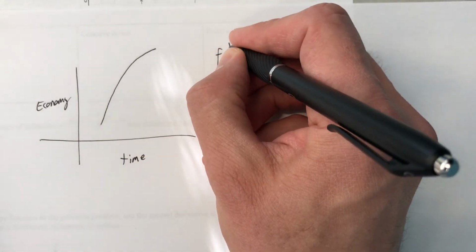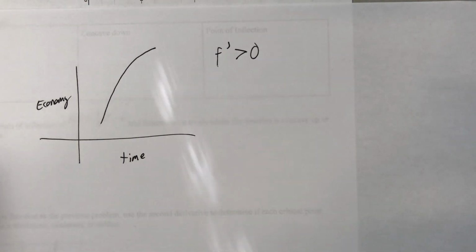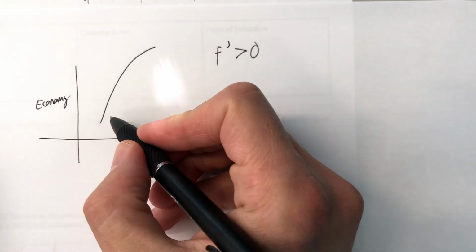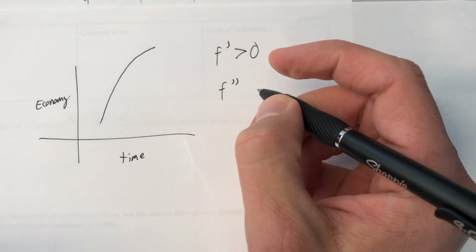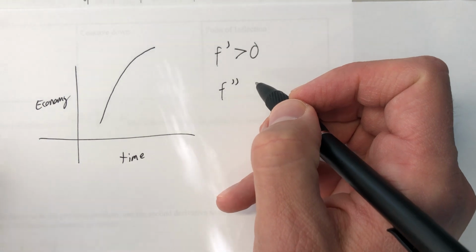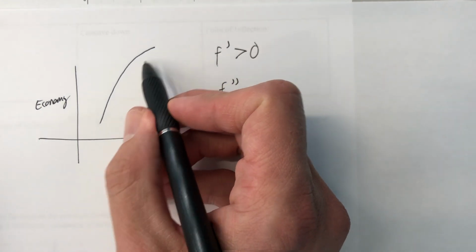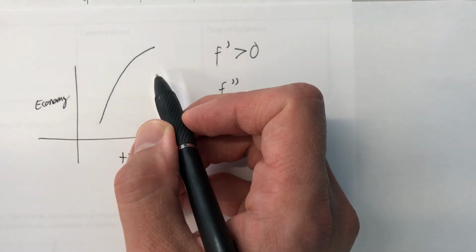The derivative is positive. Yes, the economy is growing. Fantastic. Vote for me. The other person says that, yeah, whatever, but it is growing at a decreasing rate. Whoa, what? Growth is a rate. And when I say growing at a rate, now we're dealing with the second derivative, right?